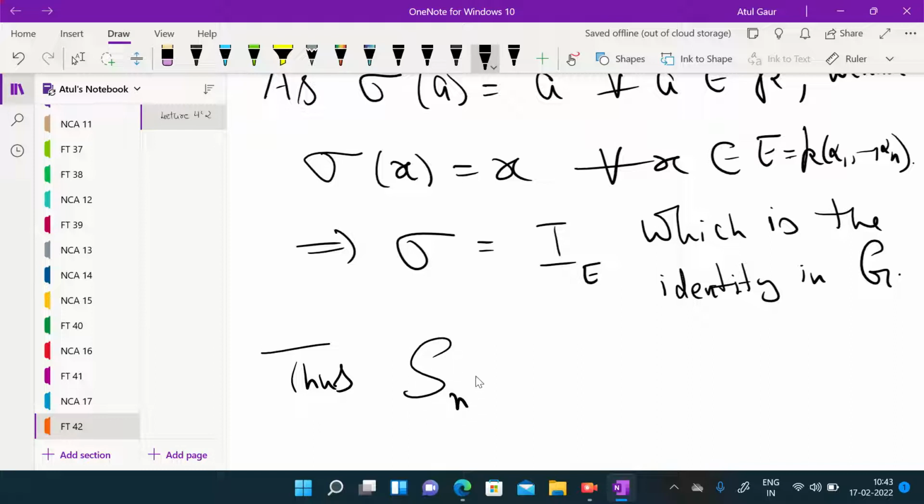So means what? SNS. Remember, I'm repeating. We started with a separable polynomial. S is the root set. So SNS is the permutation group on the roots.